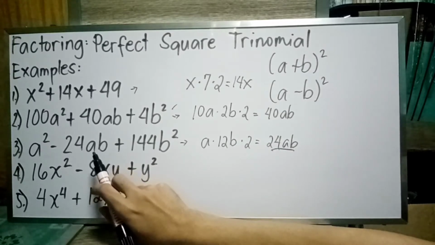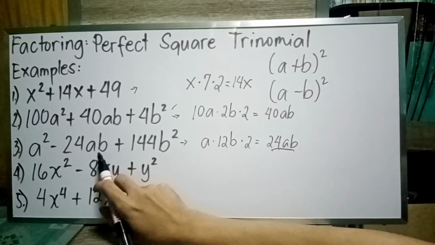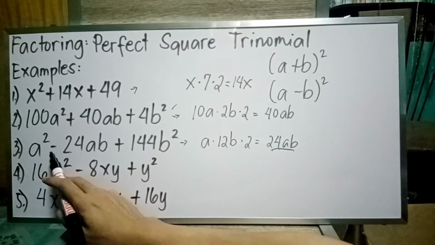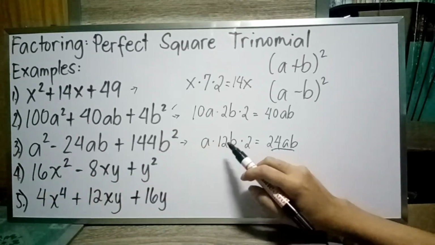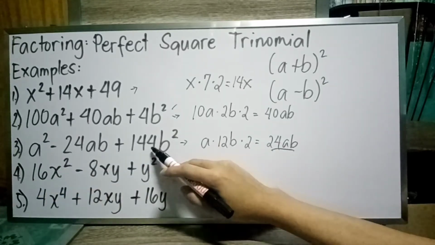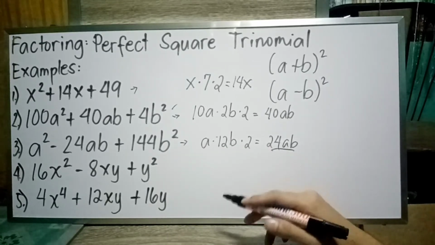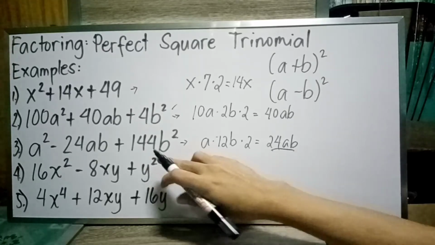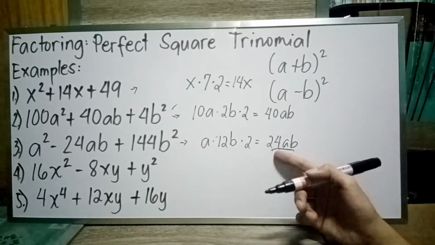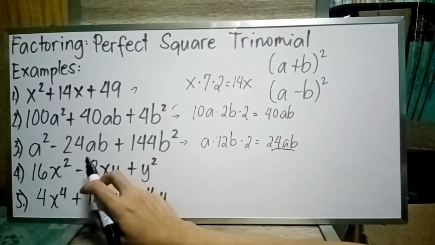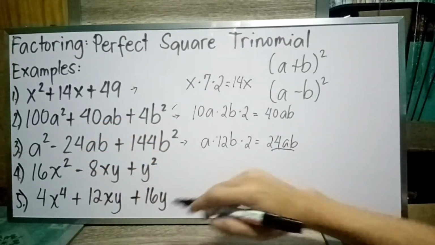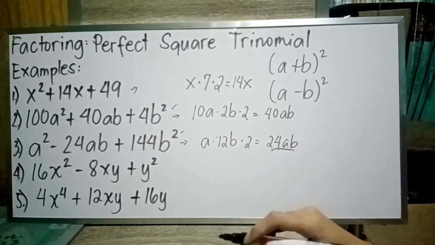Therefore, this is a perfect square. But you will see there is a negative, right? But I can change the square root of 144 into negative, because negative 12 times negative 12 is still 144. Because we're looking for the middle term, not with a sign. So therefore, this is a perfect square.